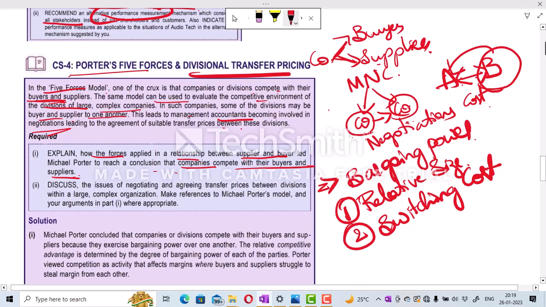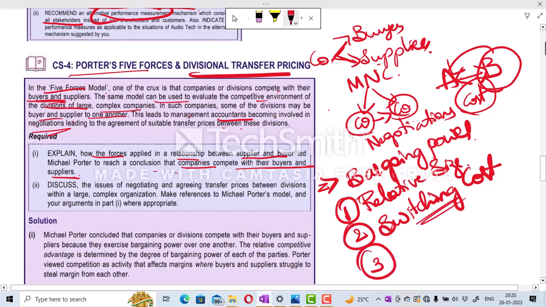Then the other party will be charging high, because they will anyway pay the amount in order to escape the switching cost. Okay, switching cost also matters.